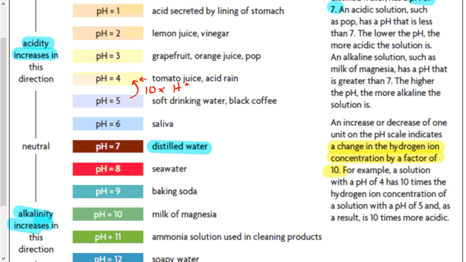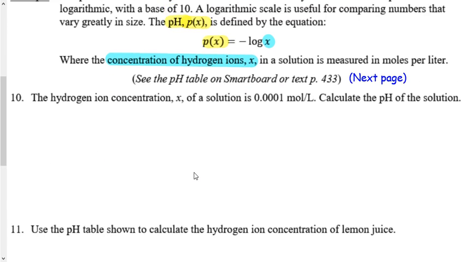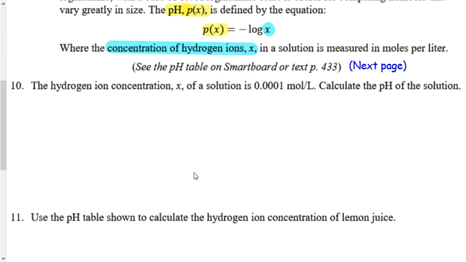Back to the previous page. Number 10, the hydrogen ion concentration, x, of some solution is 0.0001 moles per liter. We want to know the pH. Well, we have this equation handily enough, and what we're given is the hydrogen ion concentration. We know the x value.